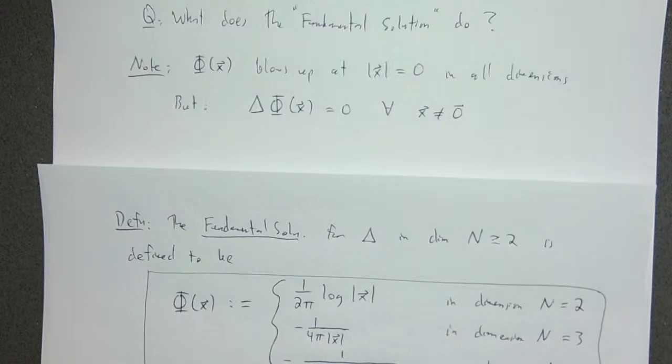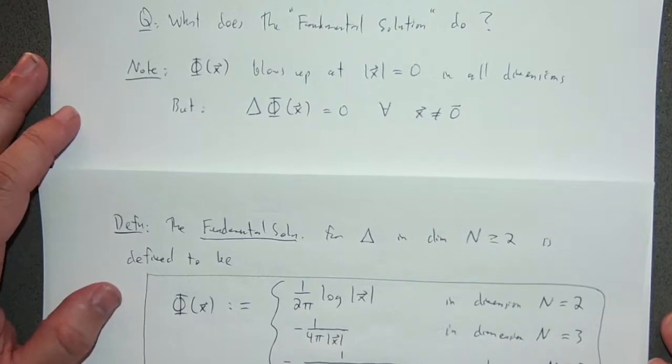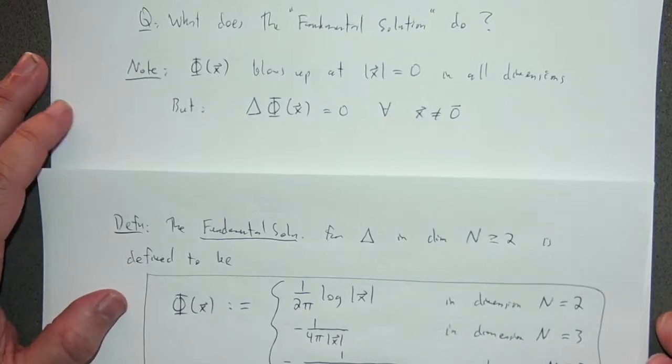So it's 0 everywhere except at the origin. But of course that wasn't the deal. When we're seeking a solution to Laplace's equation, we're seeking a solution everywhere, not something that's allowed to exclude some points.